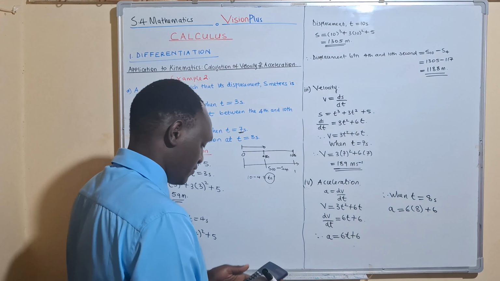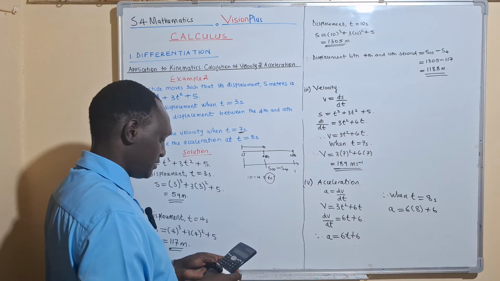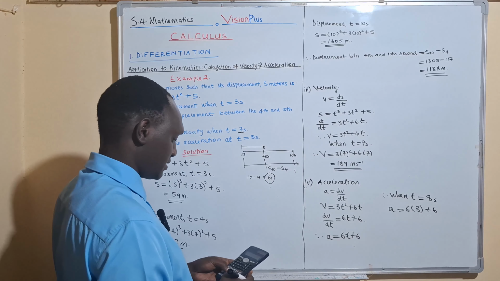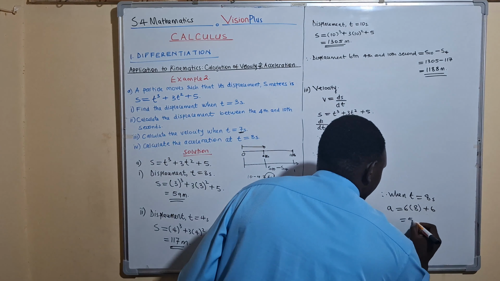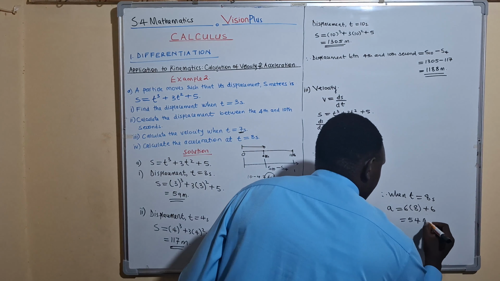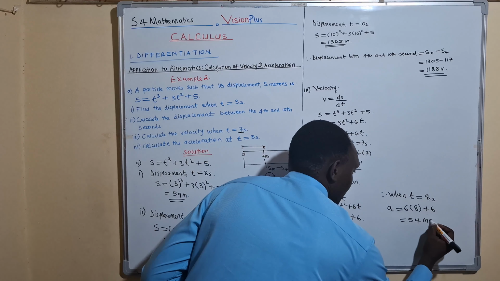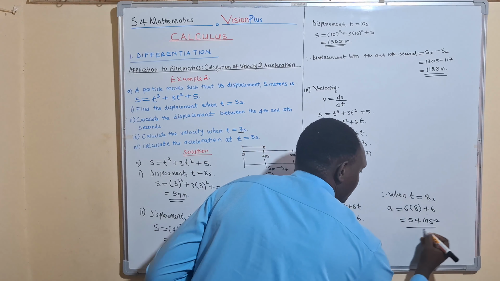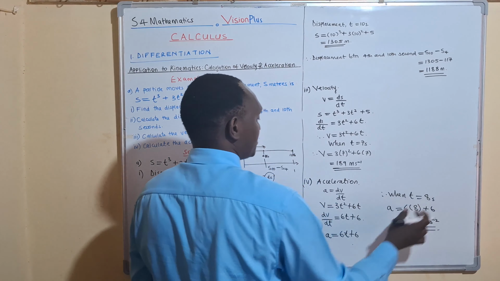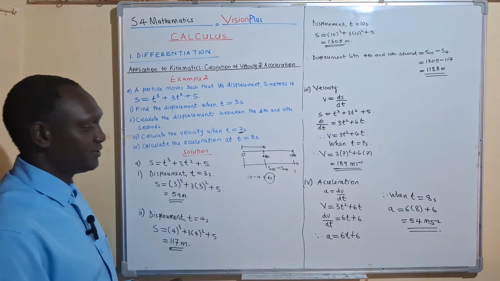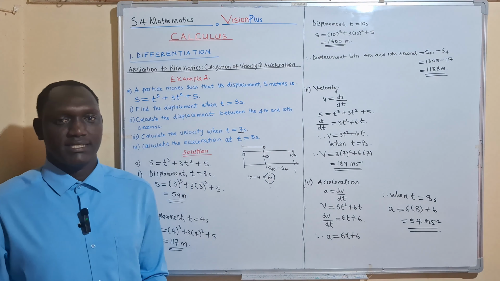That is 54. 8 times 6 plus 6. Yes, 54 meters per squared second. Remember, this is acceleration. So therefore, the acceleration when the time is 8 seconds is 54 meters per squared second.